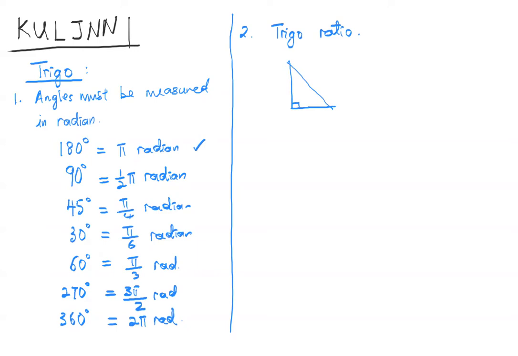Okay, this is the angle. We call it theta. Now we don't want to call it theta. We call it x because that is our variable. The one in front of the angle x is called the opposite. So the position of the angle is very important.